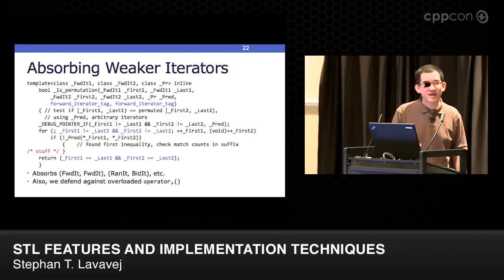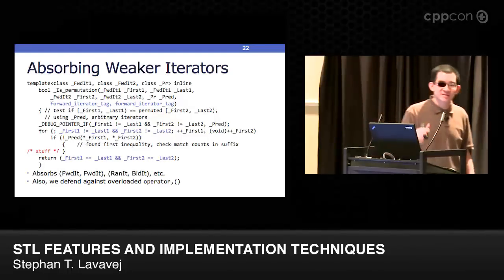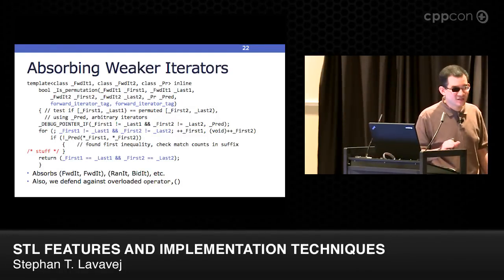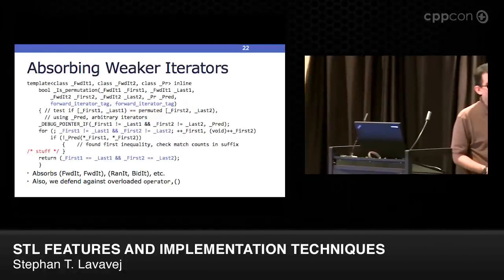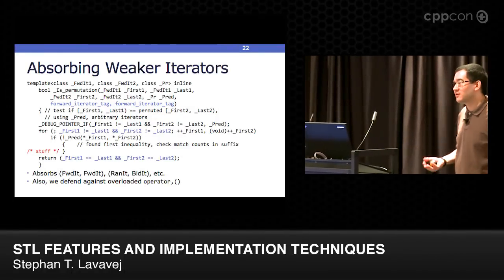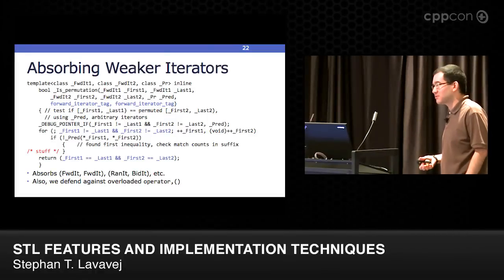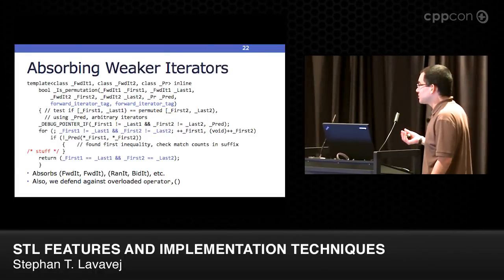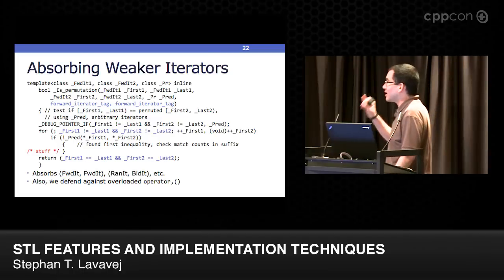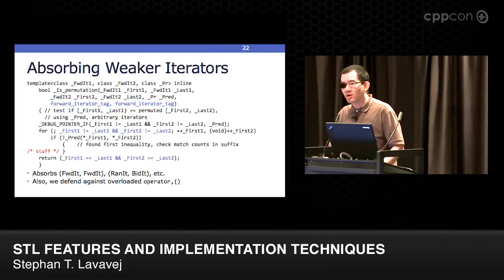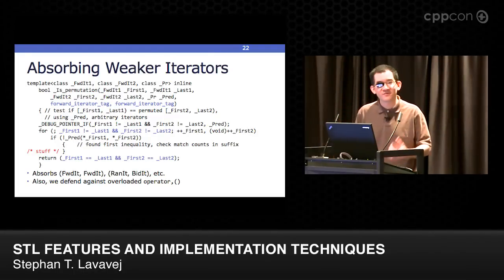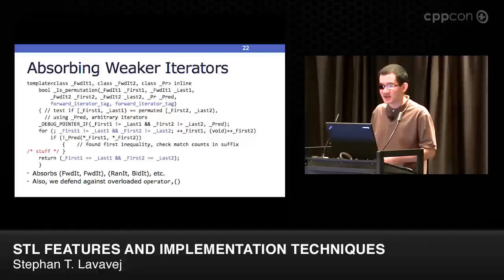So this is how tag dispatch works. Now, notice that this is sort of the most powerful form of tag dispatch that we use in the STL, dispatching on iterator strength. Usually, you don't use the tags if you're not working with iterators, but it's quite useful to be able to query some type trait, like is_trivially_copyable or whatever, and then call helper functions that are overloaded on true_type and false_type. That's why those integral constant things exist.